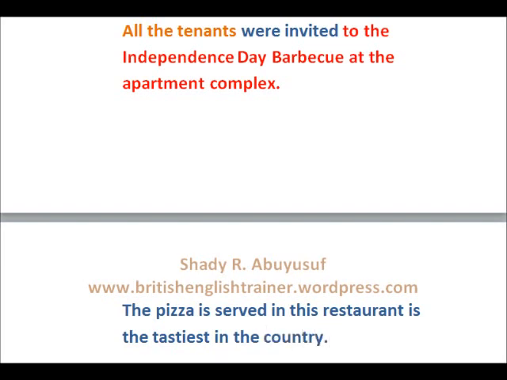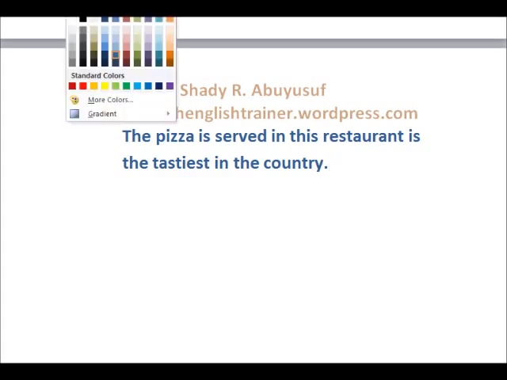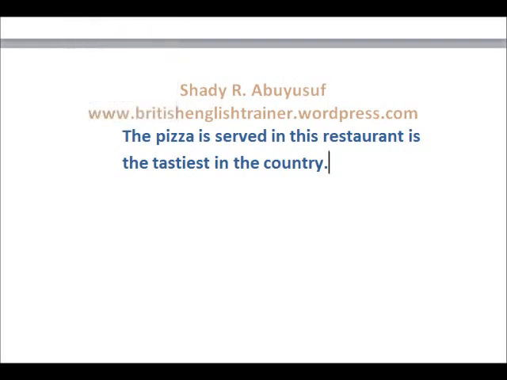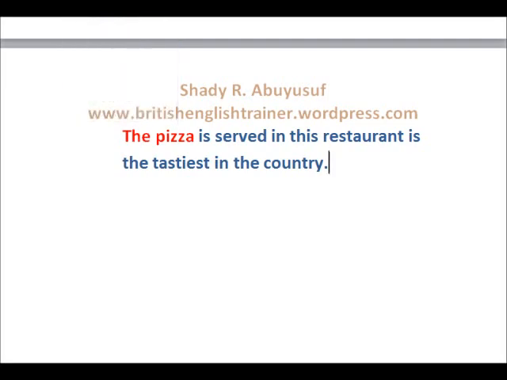Fantastic. So the pizza is served in this restaurant is the tastiest in the country. Now let's see what we have here. Okay, do we have a subject? Yes, which is the pizza. The pizza is the subject. And do we have a verb? Oh, let's have a good look here. Is served, that's a verb.